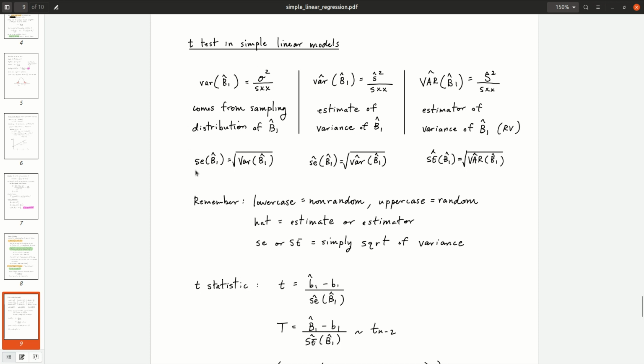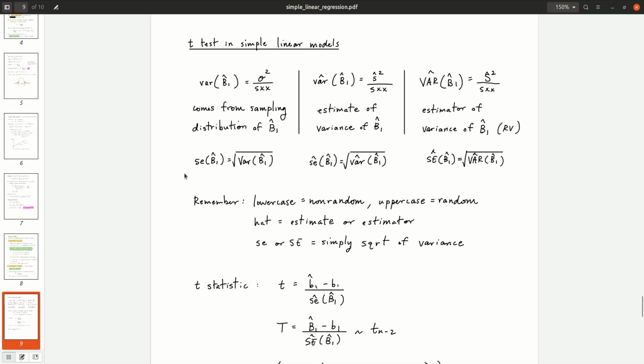And what I'm going to call SE, for standard error, is simply the square root of that thing. Somewhere along the way, someone wanted to distinguish between the standard deviation of observations versus the standard deviation of the sampling distribution of the estimators. And so they call that thing the standard error.